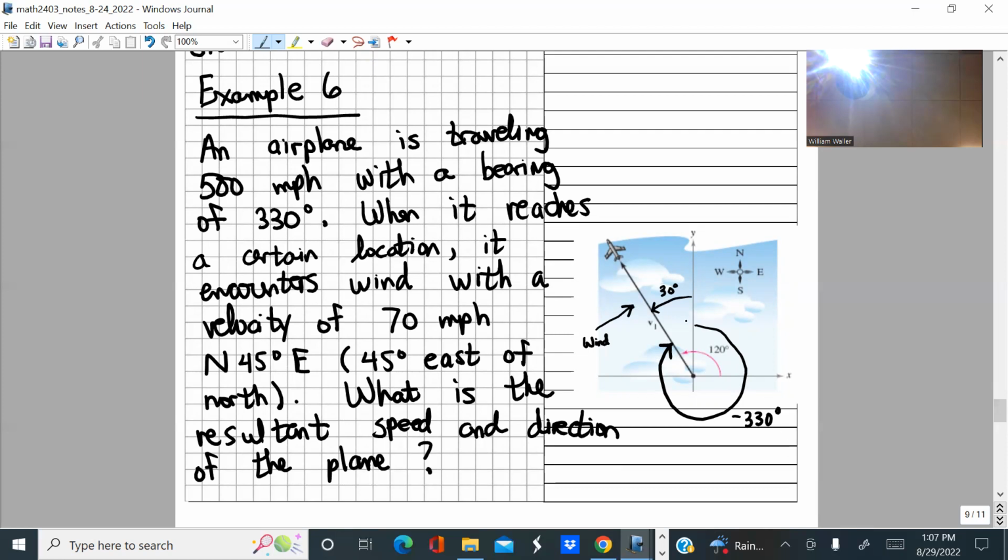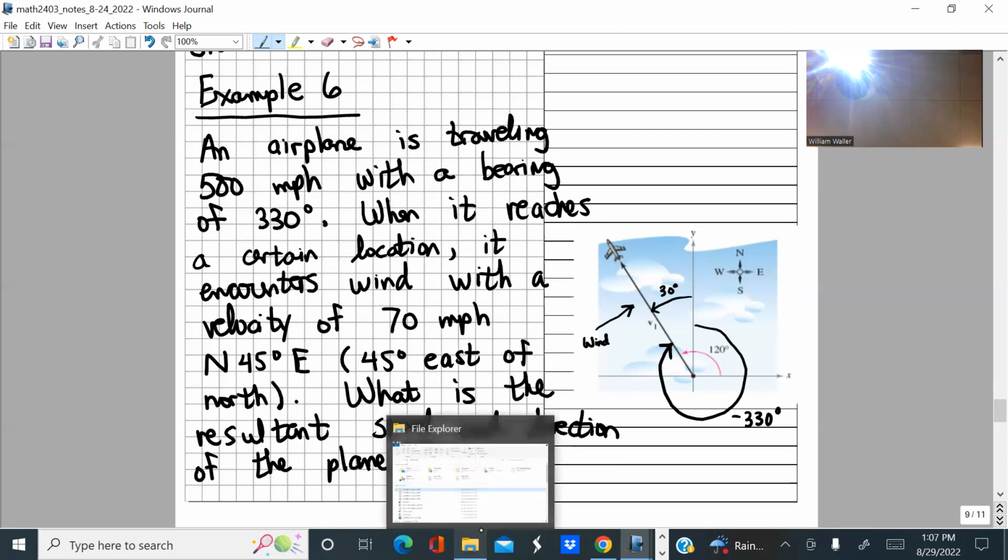Well, in trig measure, since we're going clockwise, this would be an angle of minus 330 degrees. And this angle in the counterclockwise direction from due north would be 30 degrees. So in trig measurement, that angle that I've drawn there is positive 30 degrees.